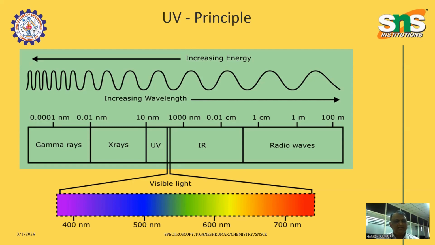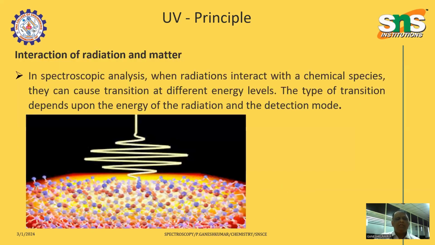So light behaving in this region is considered UV and visible light. Our principle in ultraviolet spectroscopy is that when light of these wavelengths interacts with the chemical compound, absorption takes place.